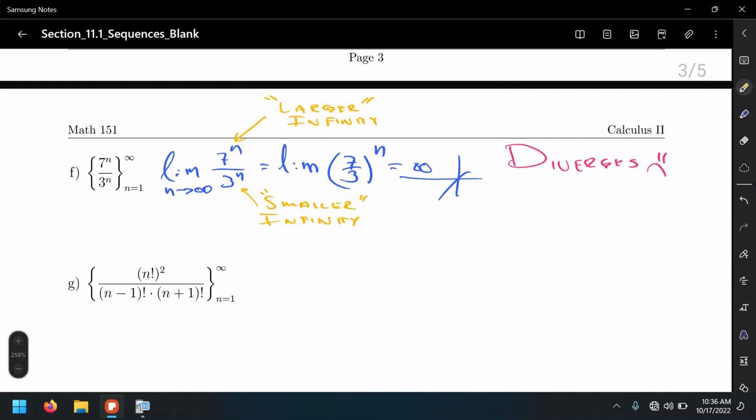The other way is the related function f of x equals 7 over 3, the whole thing to the x power, that of an increasing function.